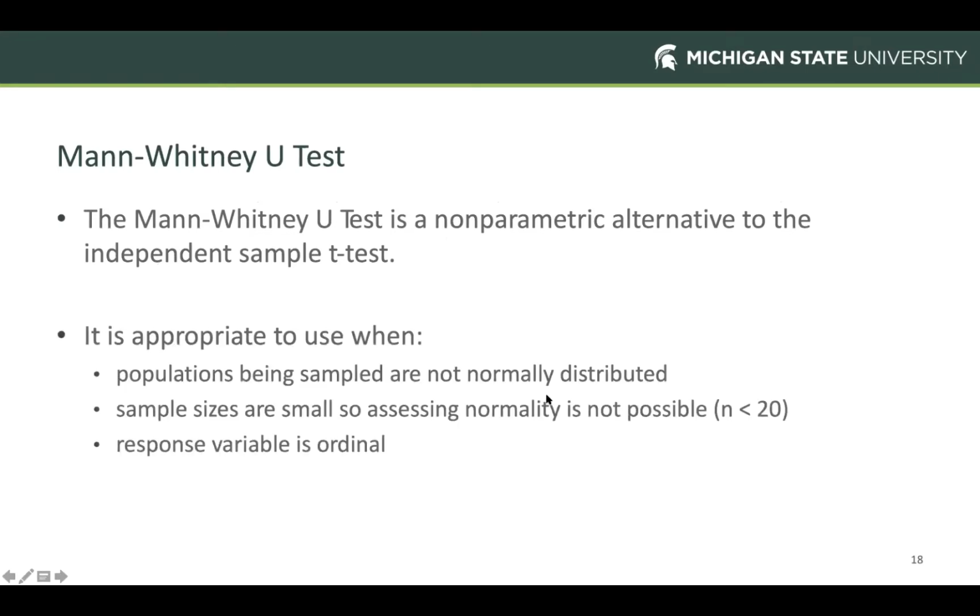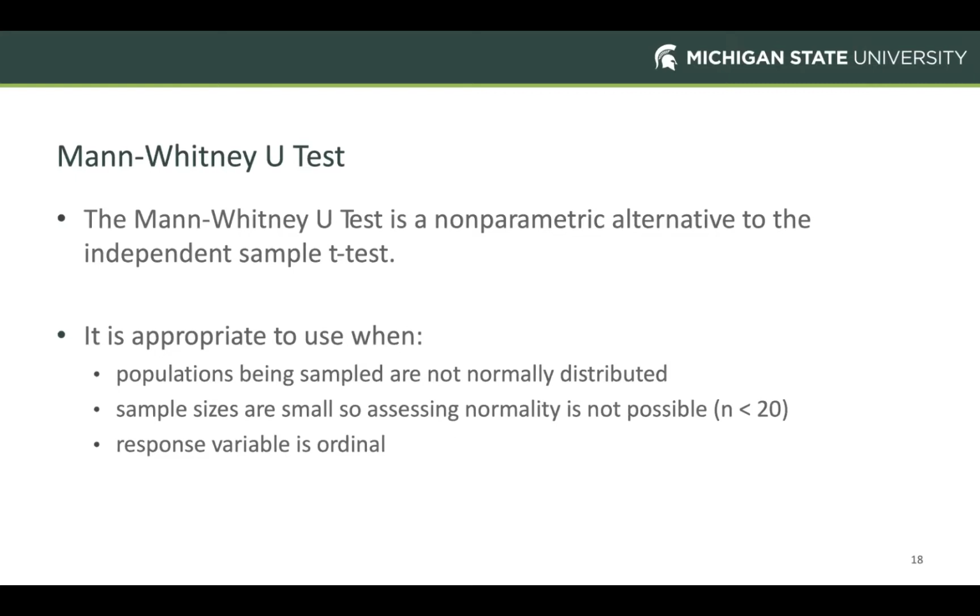So this test would be appropriate to use when those underlying populations are not normally distributed, so they could follow a Poisson distribution or an exponential distribution or something that's very divergent from normal, or when sample sizes are so small that it's not really practical for us to try to assess normality.